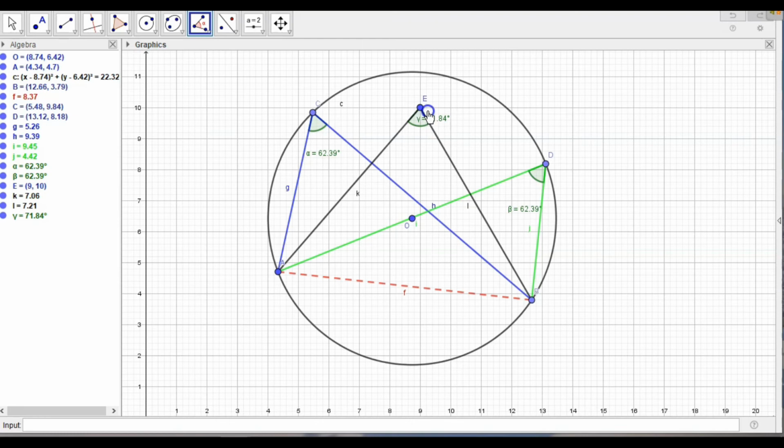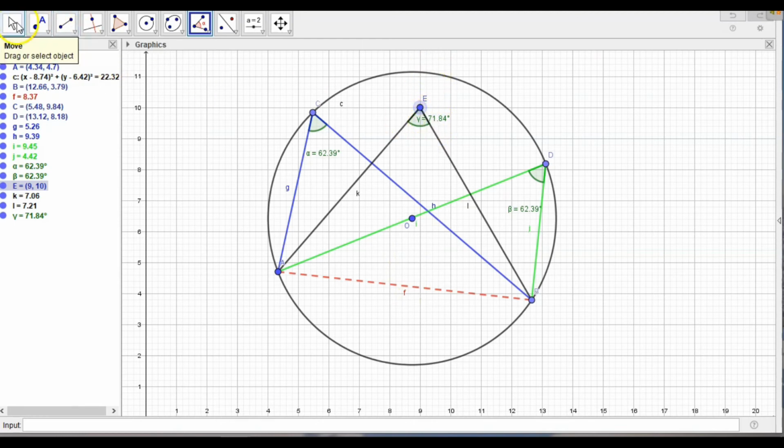Gamma is reading 71.84 degrees, which is totally different from the 62.39 degrees. So it tells you that gamma, the point E, as long as it is not subtending on the chord at the circumference of the circle, that is why we are getting a different value.